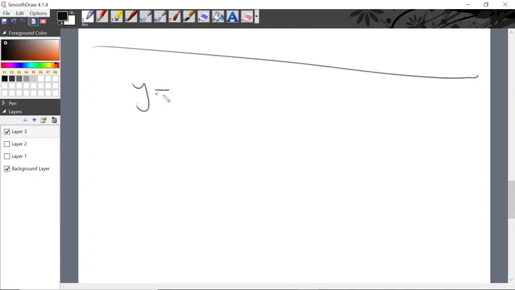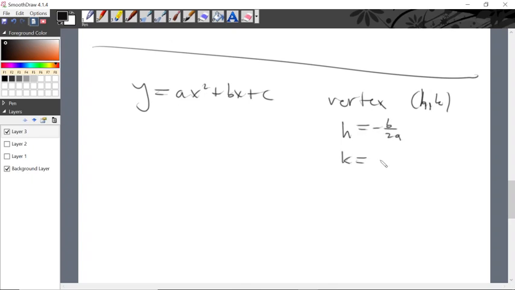So if we have the quadratic y equals ax squared plus bx plus c, we recall that the vertex with coordinates h, k has h equal to negative b over 2a, and then k can be found by plugging h back into the quadratic function.